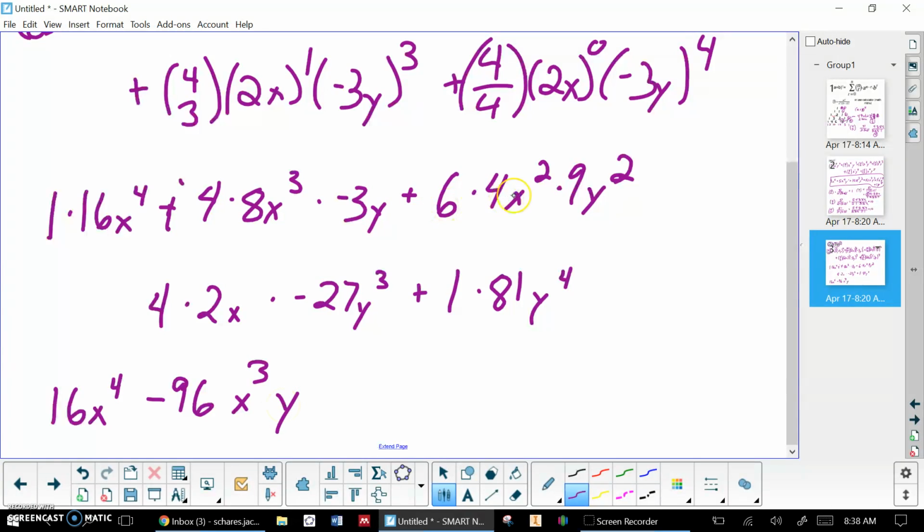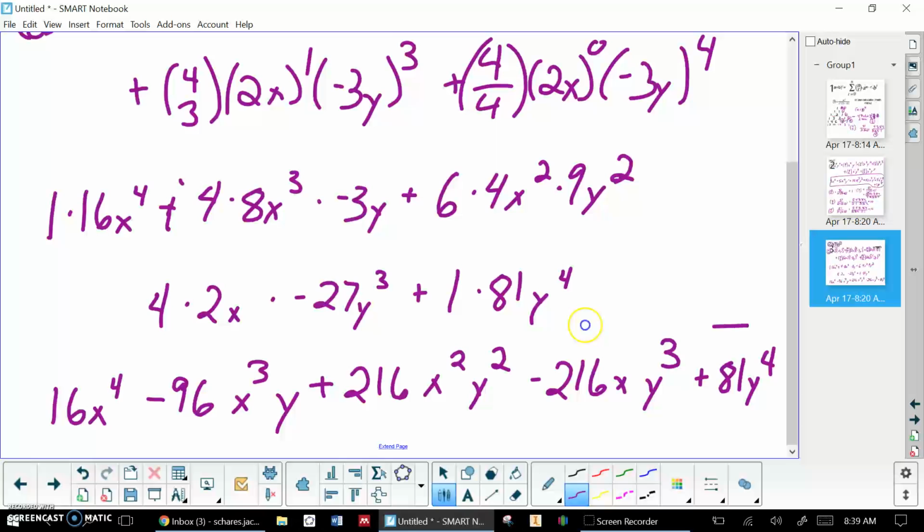Over here we've got 6 times 4 times 9. That's a big number. 216 x squared y squared. Down here, 4 times 2 times negative 27 is negative 216 x y to the third. And then 81 y to the fourth.